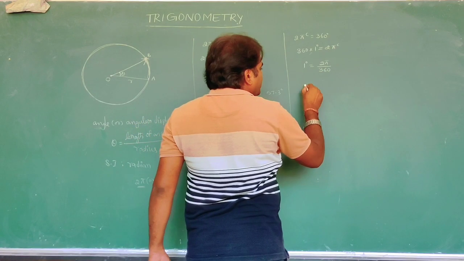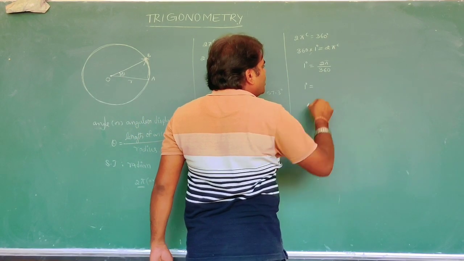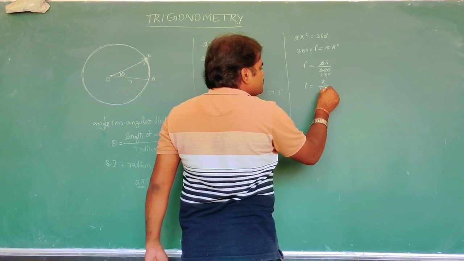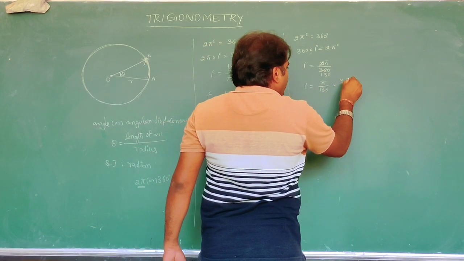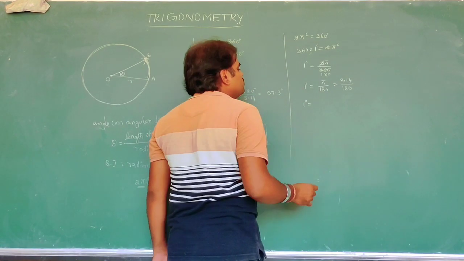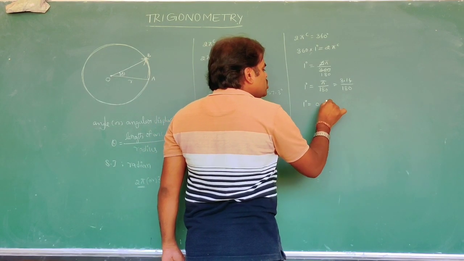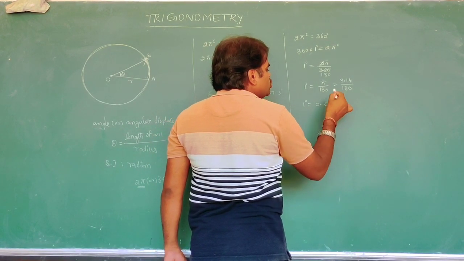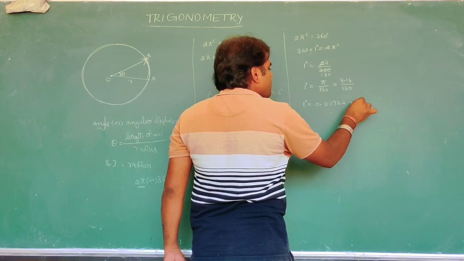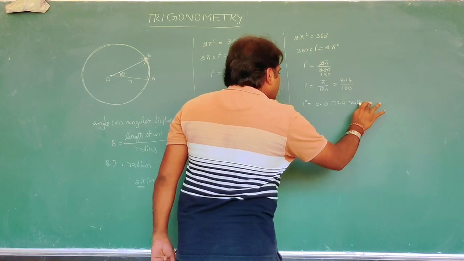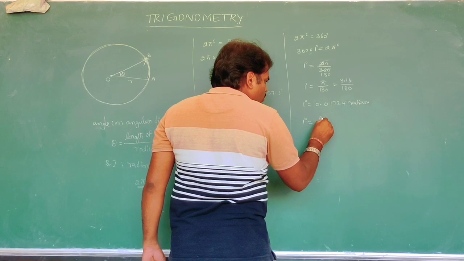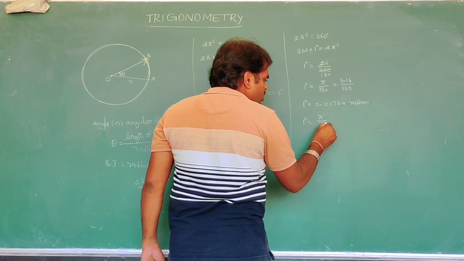Calculating this value, we cancel and get pi by 180, that is 3.14 by 180. Then 1 degree is equal to 0.0172 radian. This is used for converting degrees into radians.